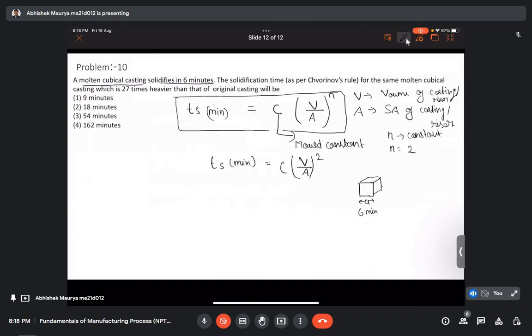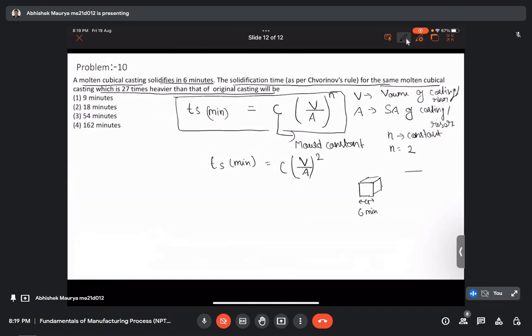It is asking that for the same molten cubical casting, we have to find out the solidification time for one which is 27 times heavier than the original.